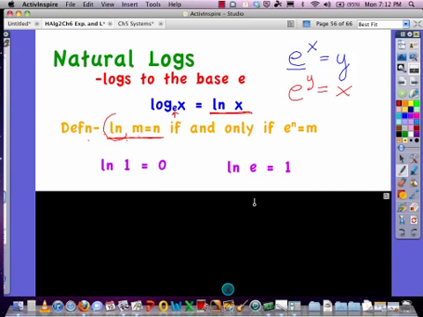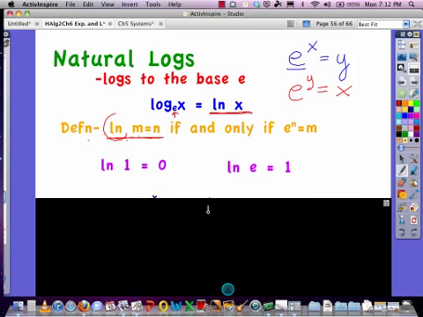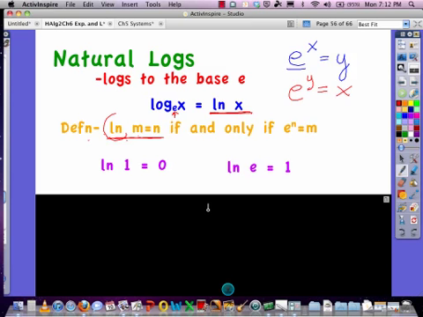So here's a couple basic ones. The ln, or natural log of 1, equals 0. Now again, if you remember doing these, you want to go right to exponentiation. If that doesn't make sense, you're going to say, well, what's my base here? Well, because of the ln, you know your base is e.